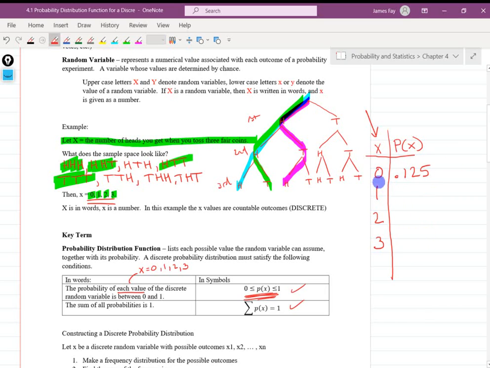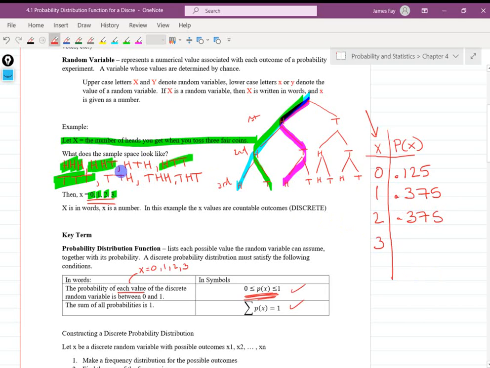If we have just 1 head, going through here, there should be 3 that have just 1 head, right? So 3 out of 8, which is 0.375. The ones that have exactly 2 heads, so 1, there's 2, and there's 3, 0.375.